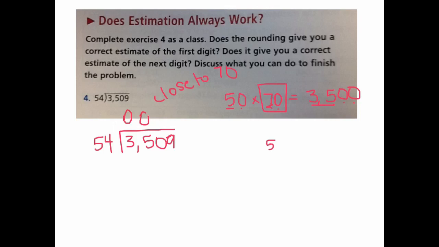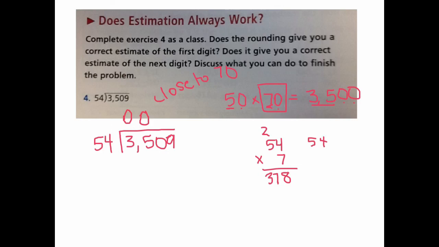So I'm going to use 54 times 7 and solve that first. So 7 times 4 is 28. 7 times 5 is 35, plus 2 is 37. Okay, so that's too high. So there I can see my estimate won't help me now, because obviously it doesn't go in there 7 times. But it's pretty close, so I'm going to try 6.